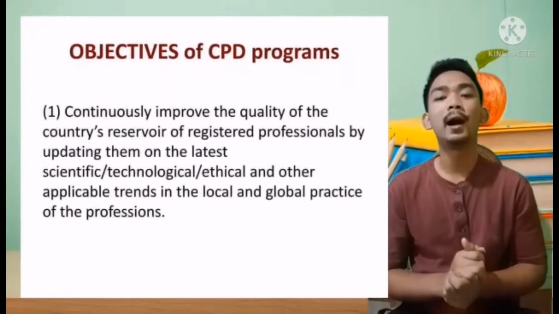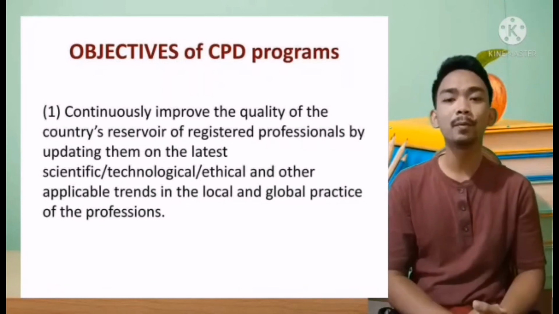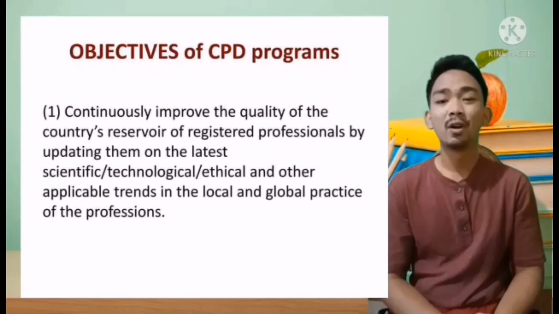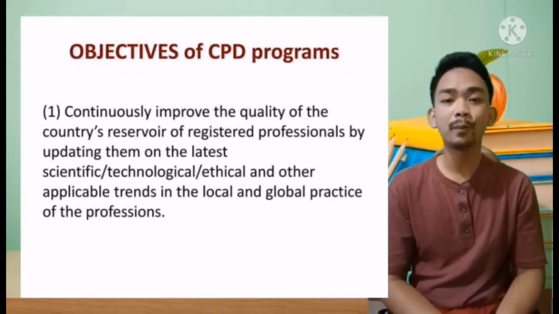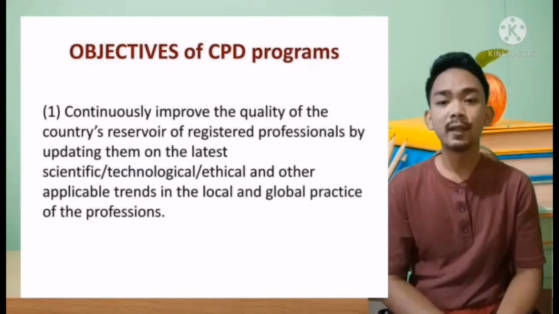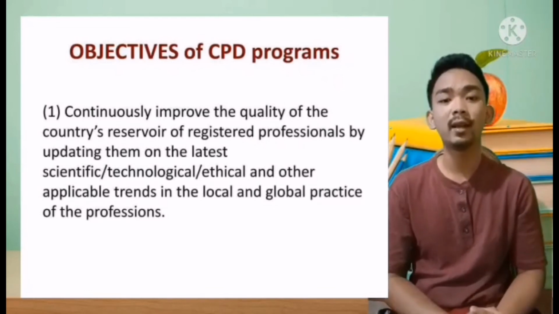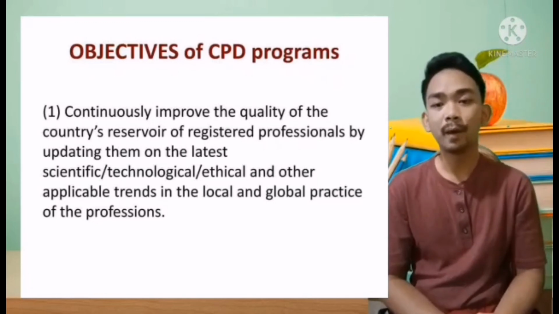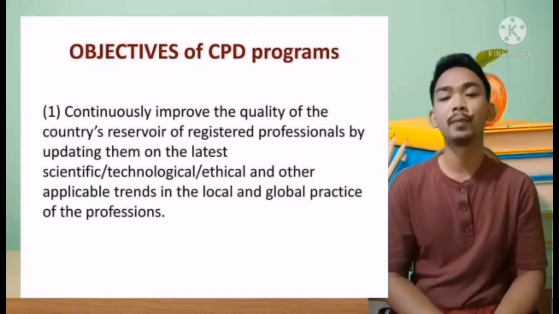Objectives of CPD programs. First, continuously improve the quality of the country's reservoir of registered professionals by updating them on the latest scientific, technological, ethical, and other applicable trends in the local and global practice of the professions.